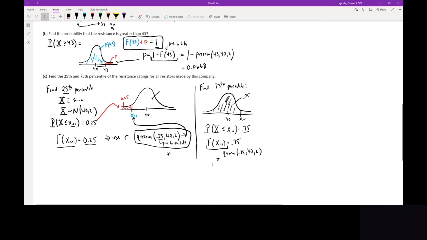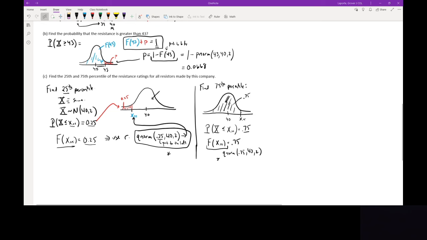And the same thing over here: if 0.25 is on this side, that means 0.75 is over here. That means the distance from 40 for both of these is going to be the same. So we'll find out 0.25, I'll make my prediction on what 0.75 is going to be, and then we'll see if it comes out to be the same in R.